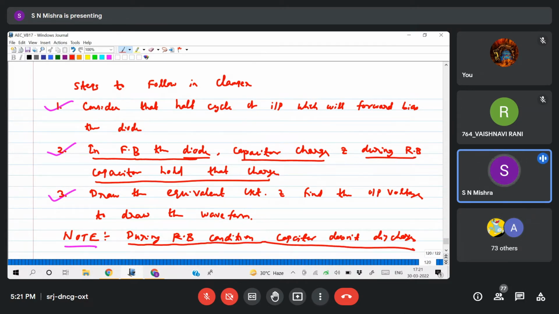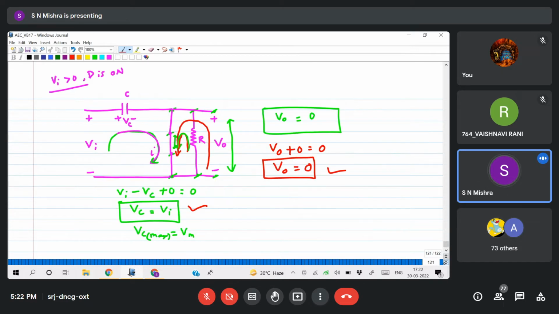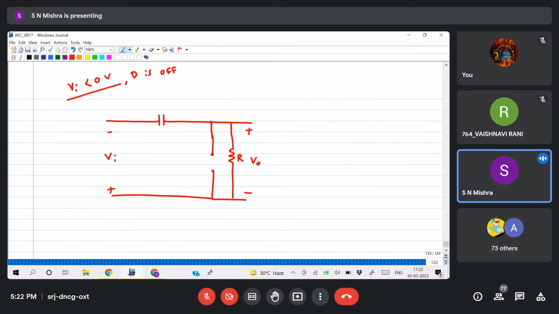That means whatever voltage is captured by the capacitor, in the negative half cycle, or when the diode is off, the capacitor will not discharge. It will discharge, but we assume the time constant is very large, so it discharges slowly and the voltage is not decreasing as such. Have you got this point?